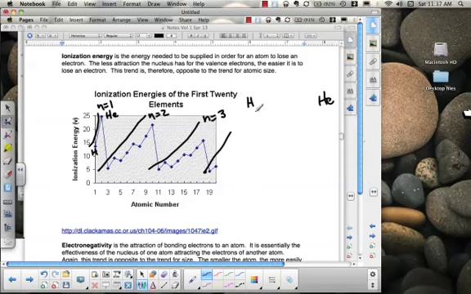Couple of reasons why. One, it's opposite of size. As atoms are getting smaller, ionization energy is going to get larger because you have less attraction for the nucleus, for its valence electrons. Makes it easier to take an electron away. So the smaller you are, the less buried your nucleus is.